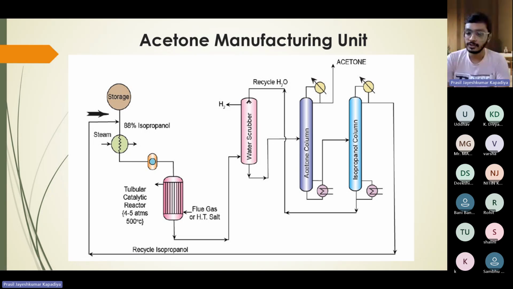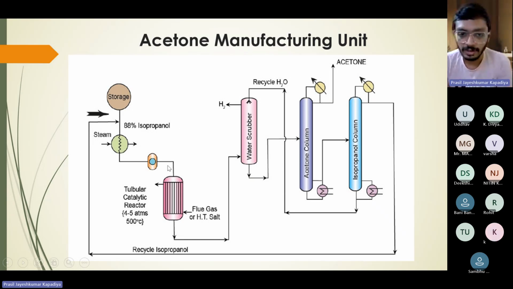Water's boiling point is higher, so it will be obtained from the bottom, and we just need to recycle it to the water scrubber. From the top, isopropanol is obtained, and we need to recycle it. So there is no waste isopropanol. We can reuse it in the catalytic reactor to convert it to acetone.